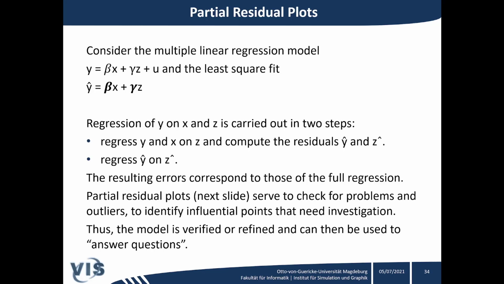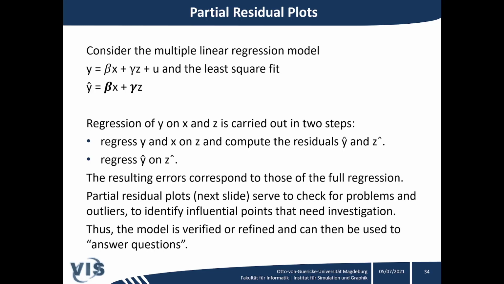So assume we consider this multiple linear regression model with two independent variables. To generate a partial residual plot, we first regress y and x on z and compute the corresponding residuals. Then we regress y-hat on z-hat, and the resulting errors correspond to those of the full regression.